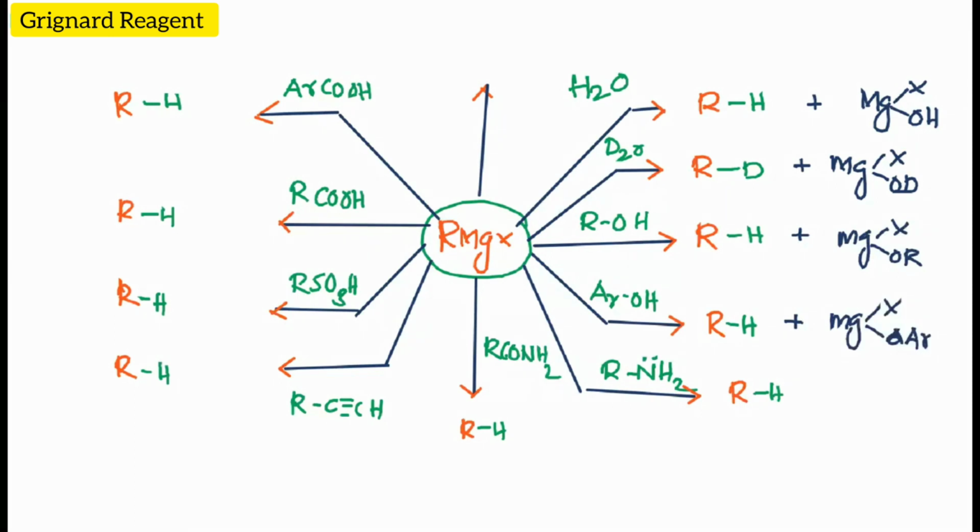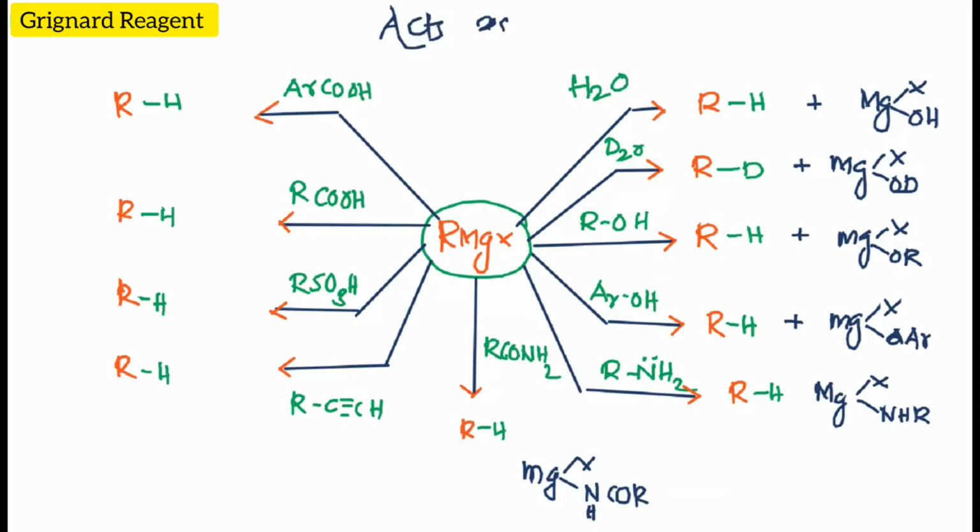Here MgX binds with the NHR, and here NHC and so on. All are the remaining products. So basically, in all these reactions, simply think that this reagent acts as a base.